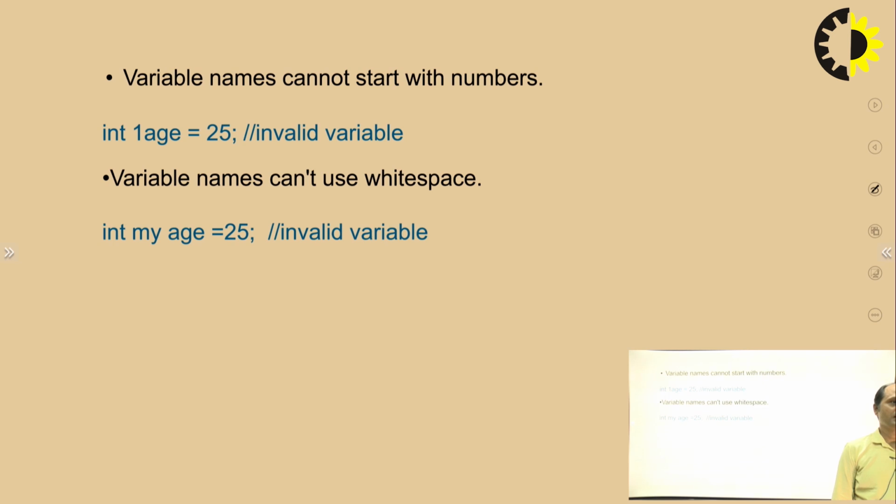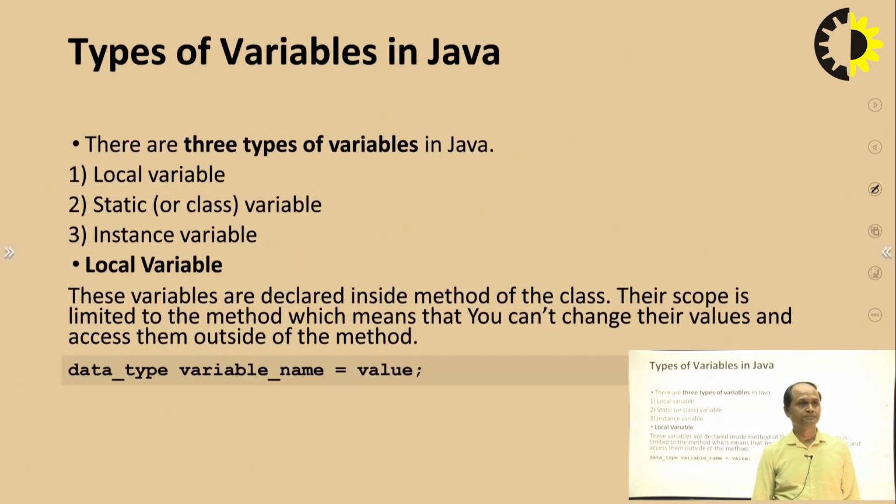Suppose like this, int 1age = 25, that is an invalid variable. Variable names also cannot use white spaces. It is also called an invalid variable declaration in the Java language.